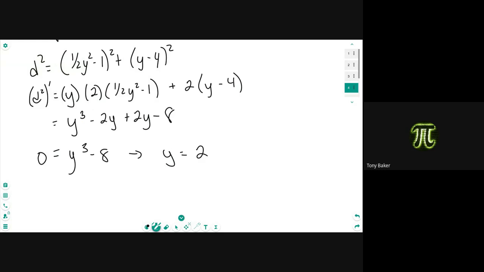And if I plug that back into the y squared equals 2x, I get 4 equals 2x, so 2 equals x. So the closest point would be at (2, 2).